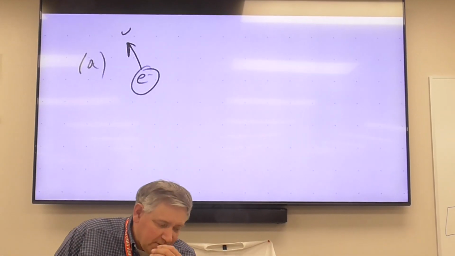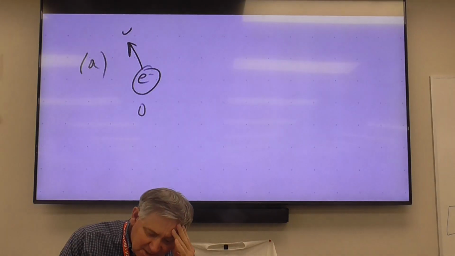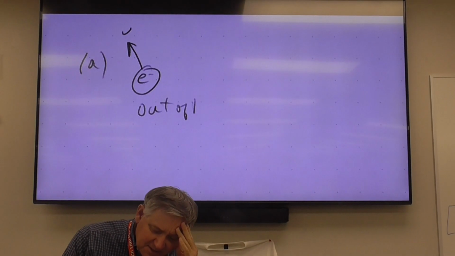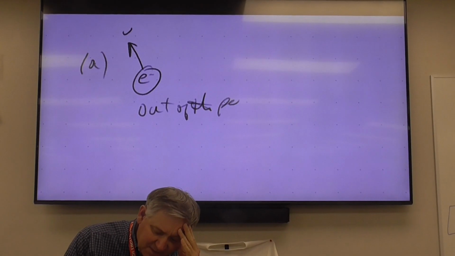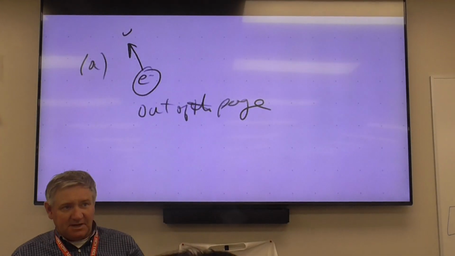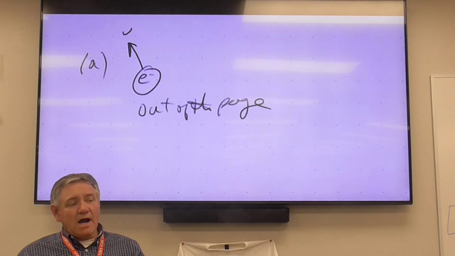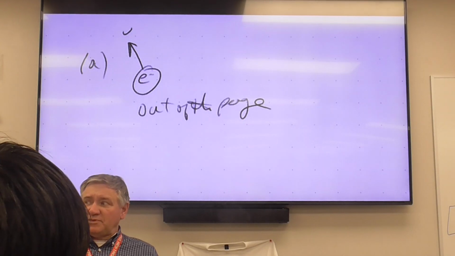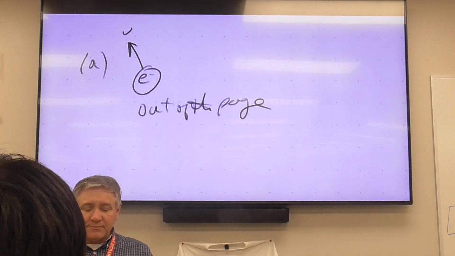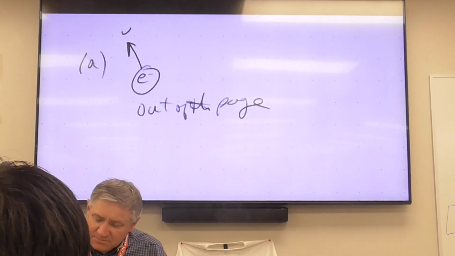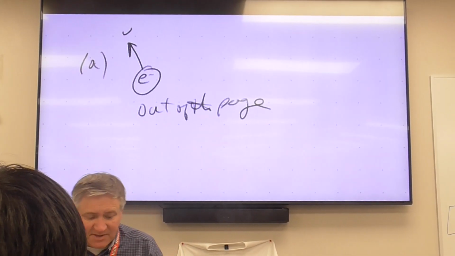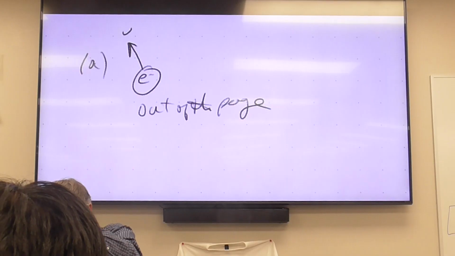So, you have the force coming out of the page. There's a couple of things that make this a little sketchy. First off, it's an electron. So I would recommend that you just start with the left-hand rule. On this one, if you go with the left-hand rule, start with your index finger.